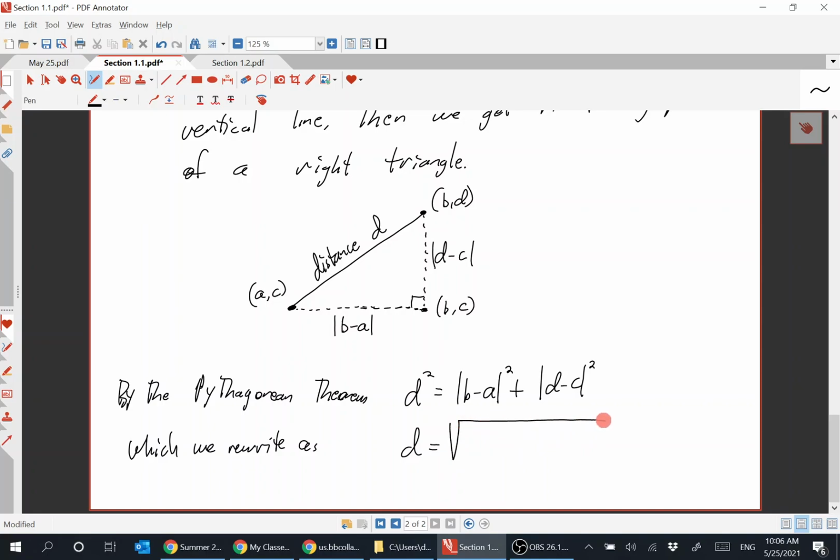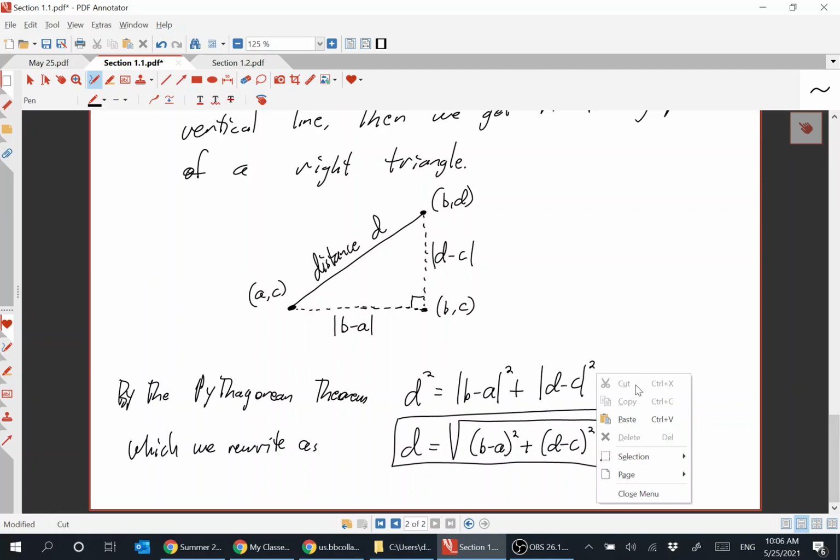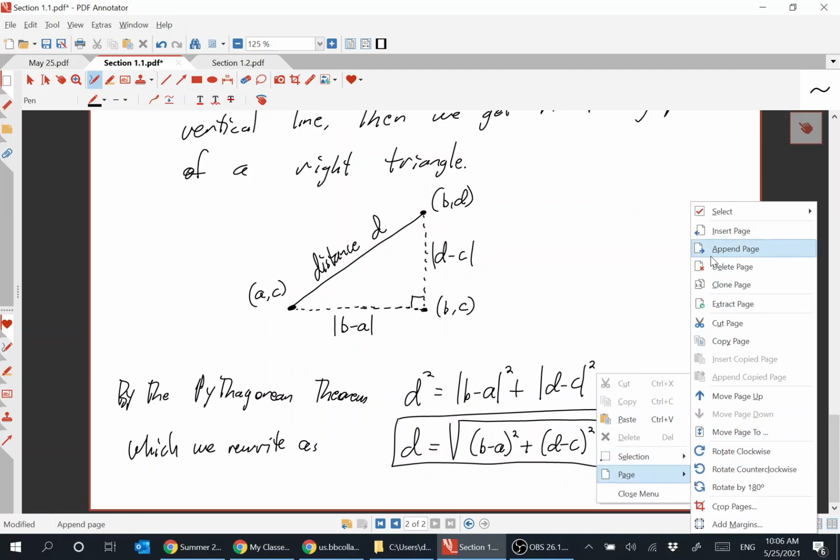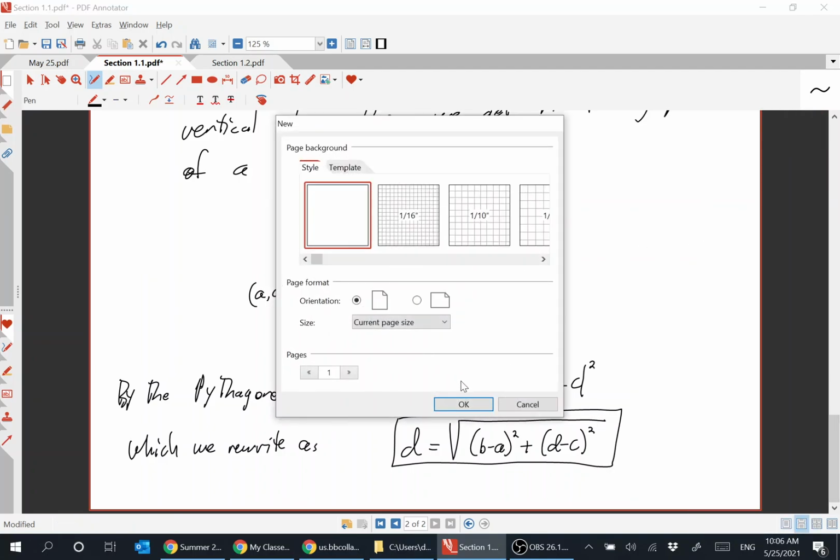Now, there's no need for absolute values because when you square something, if it was negative, it'll become positive. So there's no need to leave the absolute values here. So the distance is right here. So that's the distance formula, which, as you can see, is just the Pythagorean theorem, just rewritten a little bit.